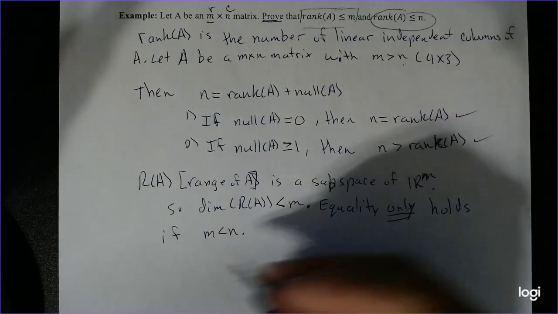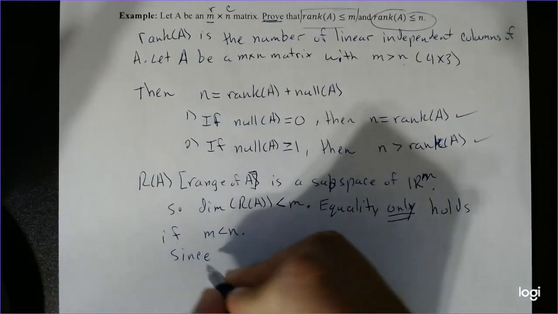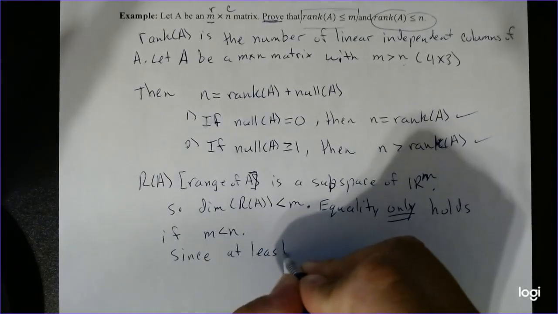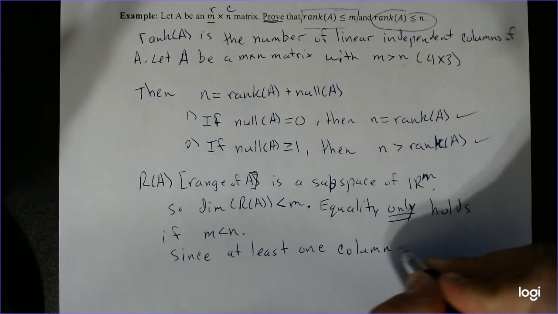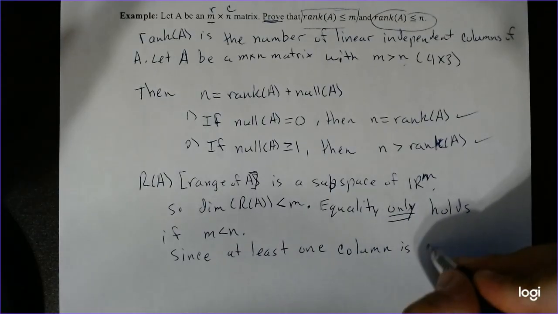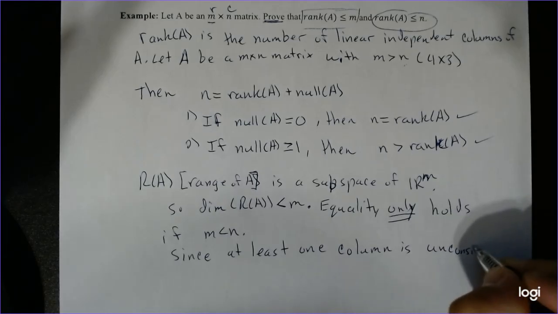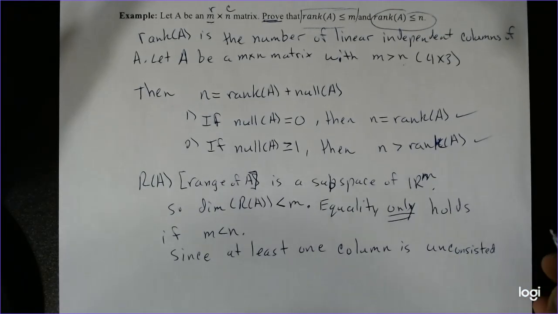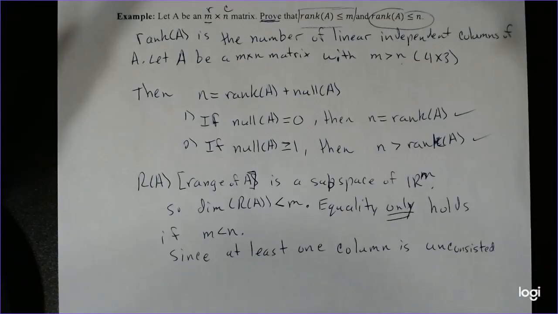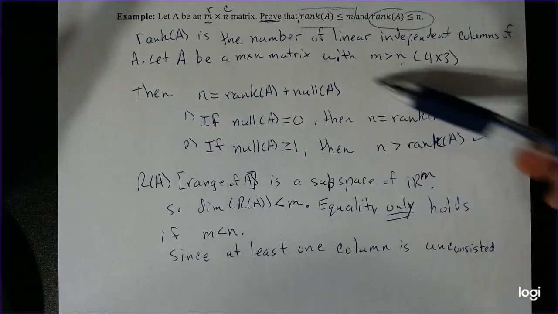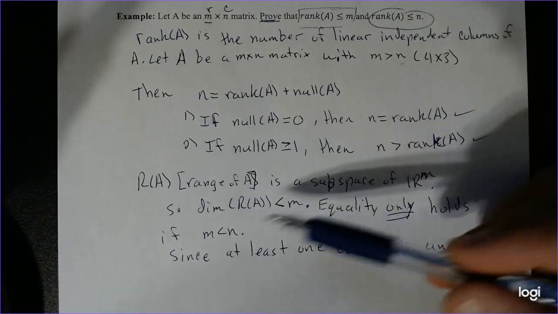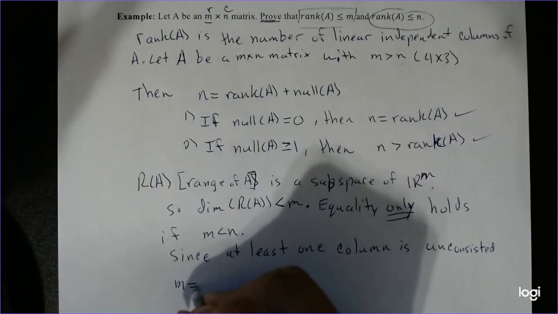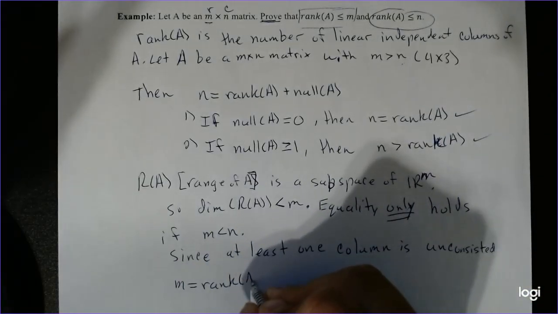Now, again, why does this hold? Because at least one column is unconstrained, or inconsistent, sorry. So since we know up here that the rank of A can be less than n, and since this is true, therefore it's a possibility this is also true.